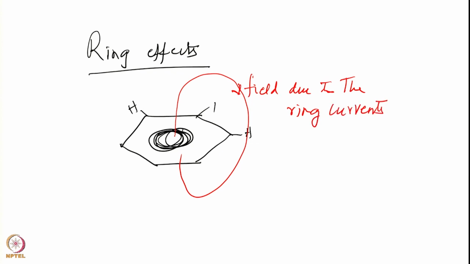And your main field is, let us say, H naught here, and this field will tend to either go with this or oppose this. Suppose you have a proton which is coming here. This fellow will see a field which is in line with the H0. So, it will see a higher field, which is equivalent to de-shielding. If I have a proton here, it will be de-shielded.